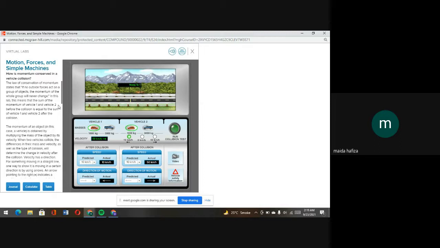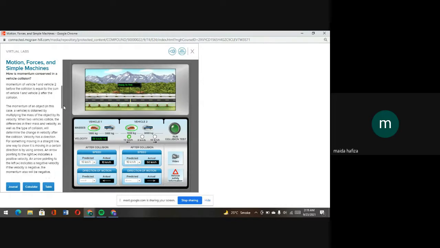Velocity has direction. For something moving in a straight line, one way to show it is moving in a certain direction is by using arrows. An arrow pointing to the right means it is positive velocity, and if the arrow is in the left direction, then it is a negative velocity.